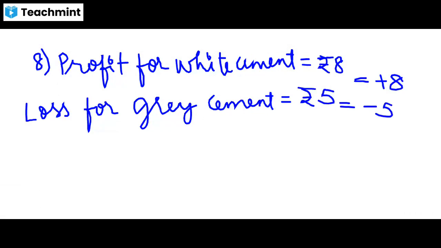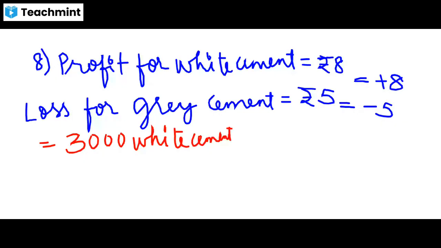It is given a company sold 3,000 bags of white cement. 3,000 bags of white cement means what you will write? 3,000 bags plus 5,000 bags grey cement.